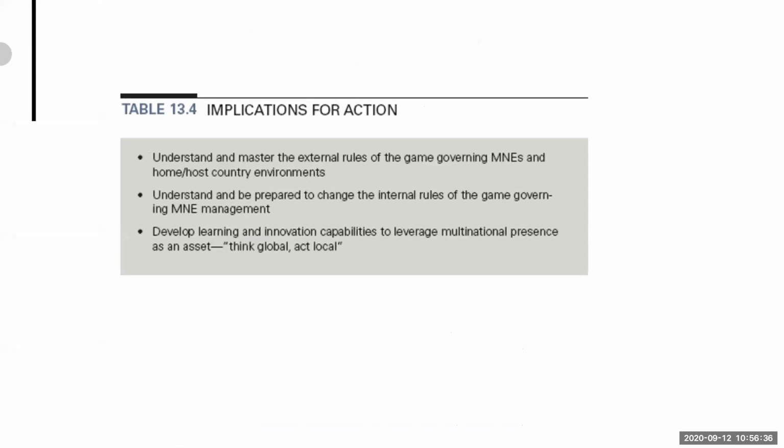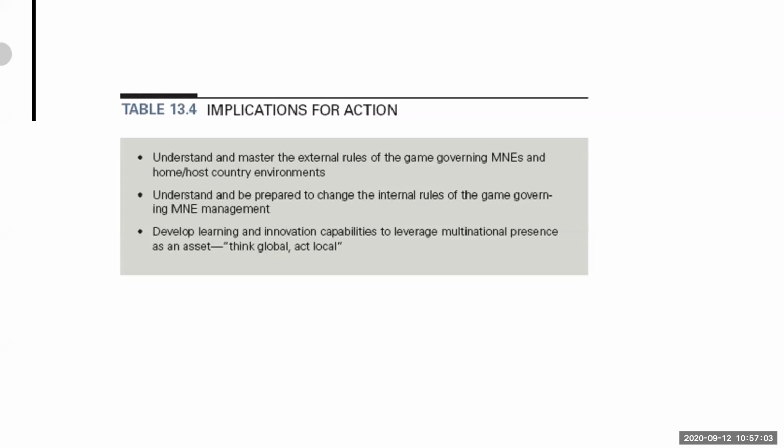So basically, whatever this is, I would say the typical summary we have for every chapter. So you need to, from a strategic perspective, understand the two key questions. Do you simply go about manufacturing or offering the same set of products and services to other markets which you want to enter?